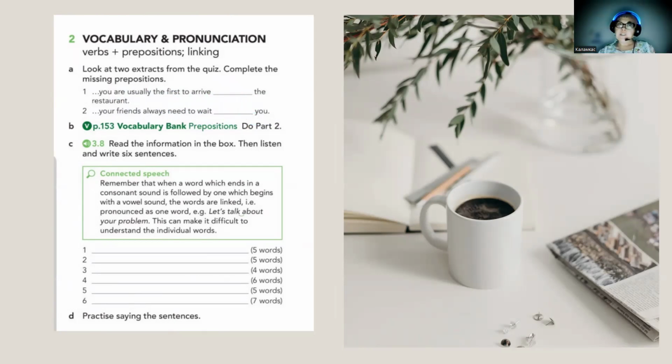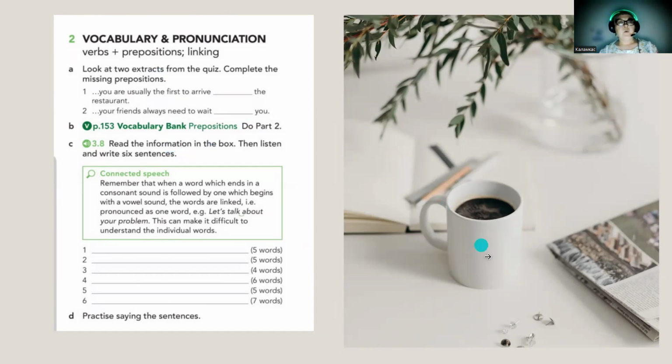So the preposition and the verb always go together, and when they stand together, they have a definite meaning.